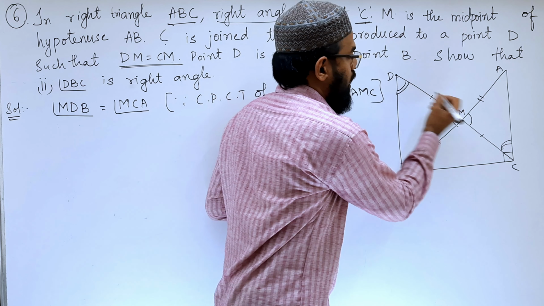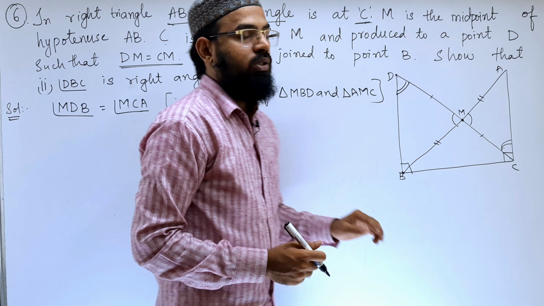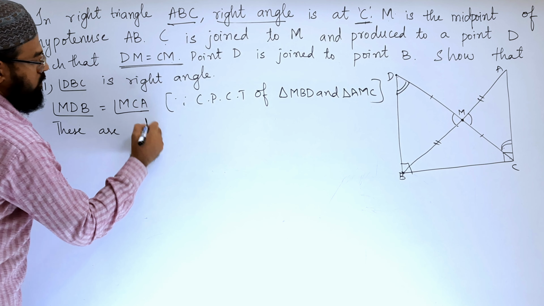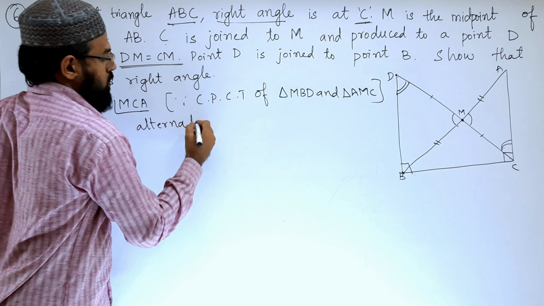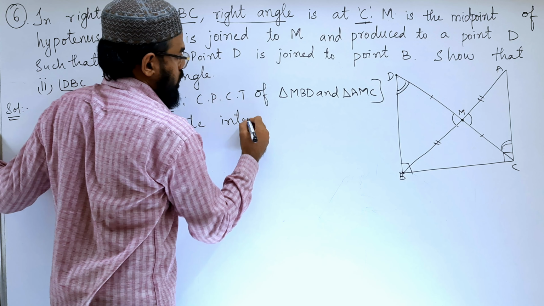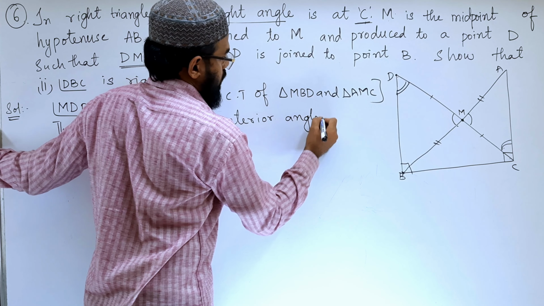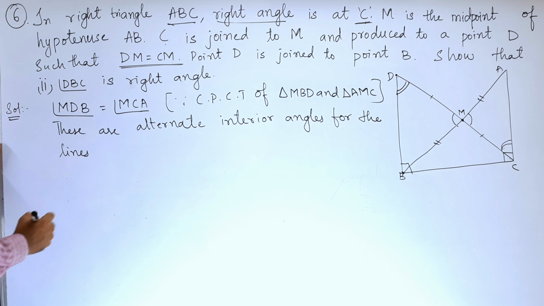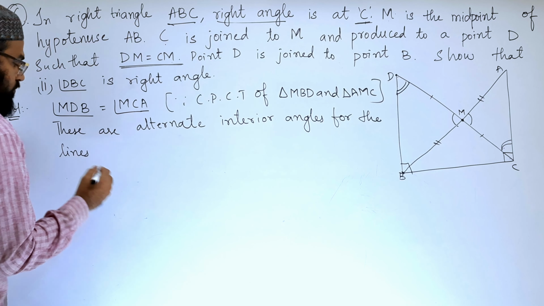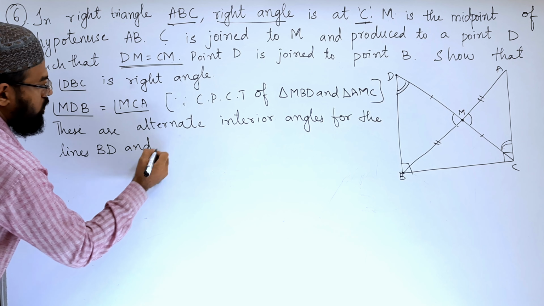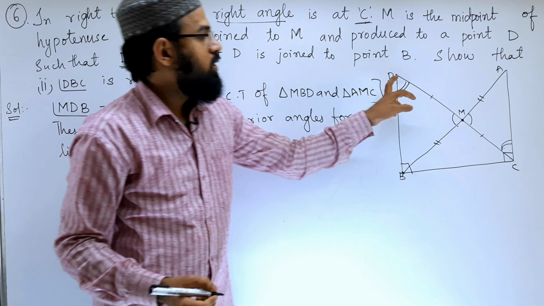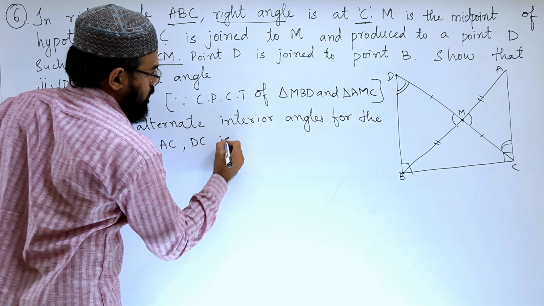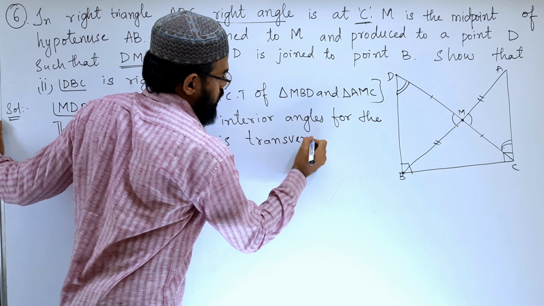That means these are nothing but the alternate interior angles for the lines BD and AC, and this DC is a transversal.